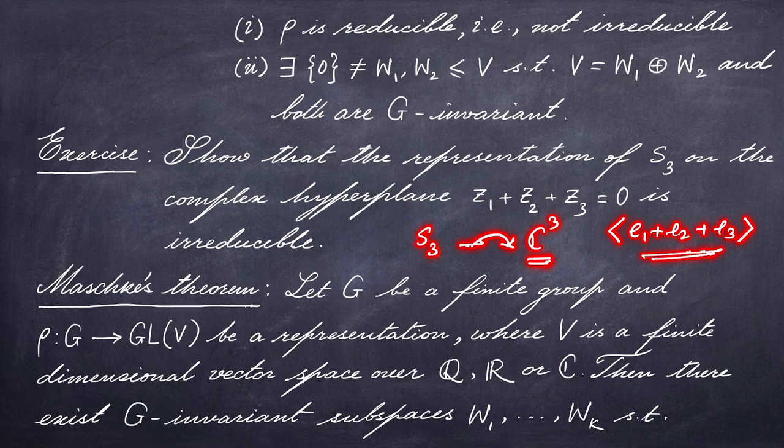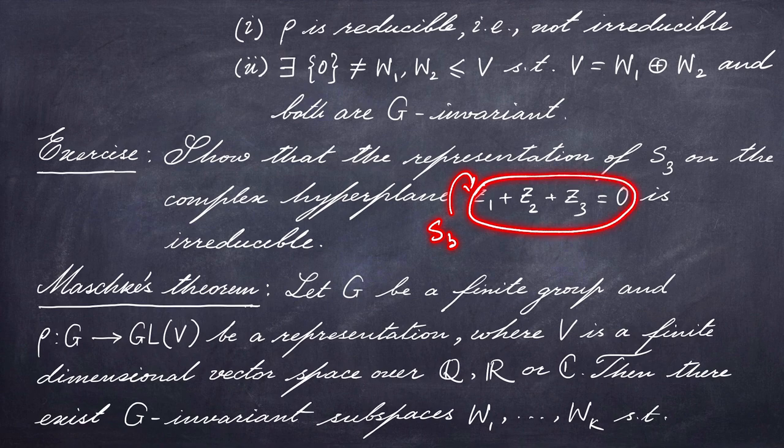Now we look at its orthogonal complement. Thus S3 has an action on this hyperplane. S3 is in fact a representation on this hyperplane, and this sub-representation is irreducible.